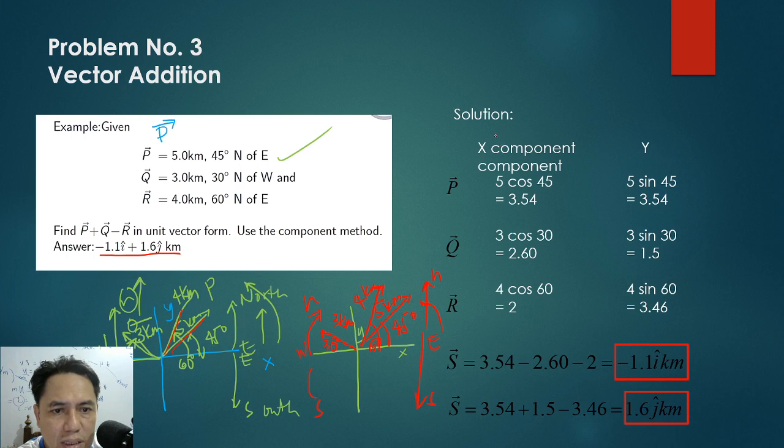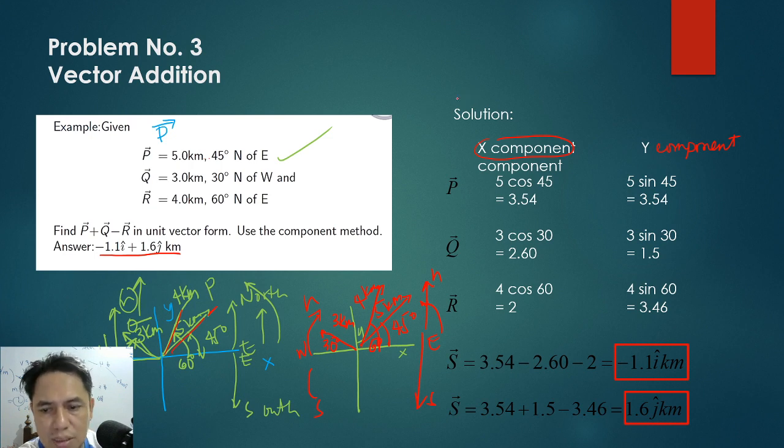Okay, so the solution states that we are going to have to find the components, right? So here is the x component, and here is the y component. Okay. So what is the x component of P? So where is P? P is here, right? How do we get the component of P?